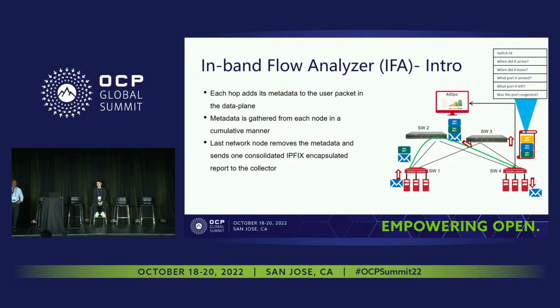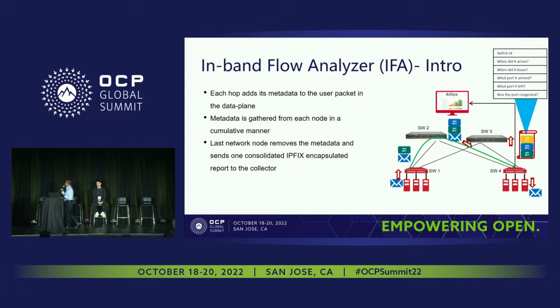So as the packet traverses from one hop to another hop, each hop adds its own metadata to the packet in the data plane. So no control plane is involved, and that means it is a highly scalable solution that is providing packet level granularity. And this is enabling several use cases.